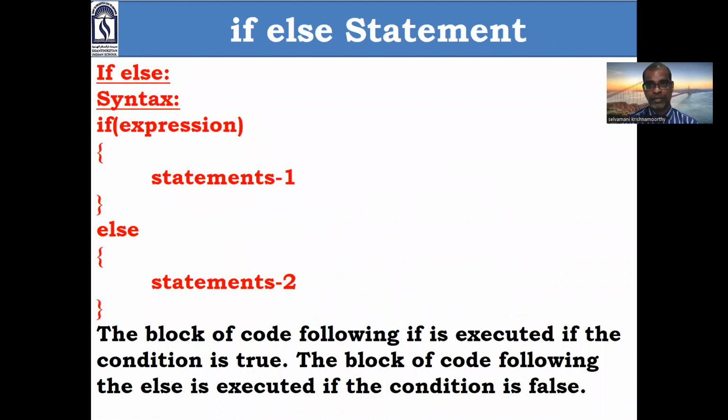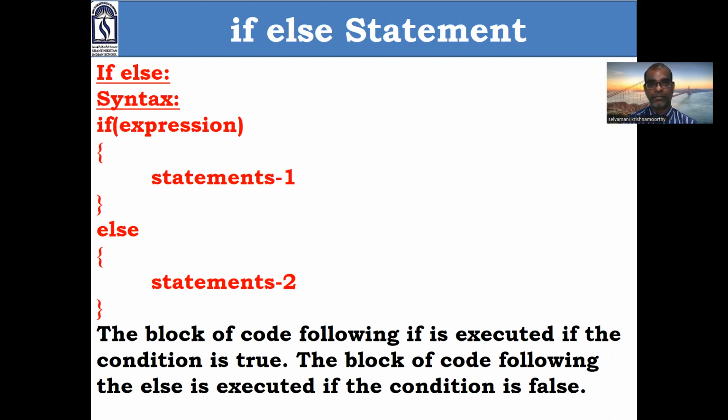If-else statement. First, see the syntax. After if, within open bracket, close bracket, one expression is there. After that, within open curly bracket, close curly bracket, one statement is there. So far, just like if. After that, else is there. After else, again open curly bracket, close curly bracket, another set of statements. That is set of statement 1, set of statement 2.